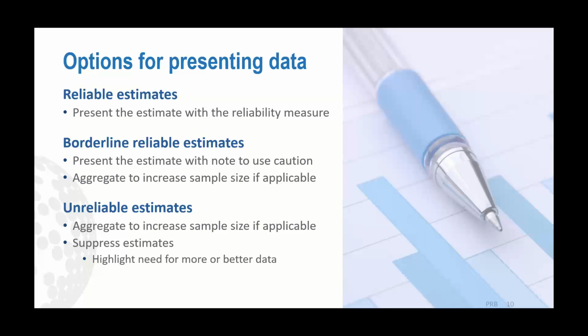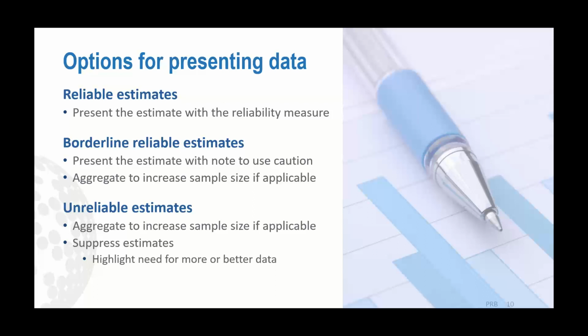Once you've assessed the quality of your desired estimates, you'll need to decide what information you want to provide. In the best case scenario, your estimate will only have a small amount of error and can just be presented. Sometimes you might have an estimate that's borderline. Say the coefficient of variation is 35% or a confidence interval is 12 percentage points wide.